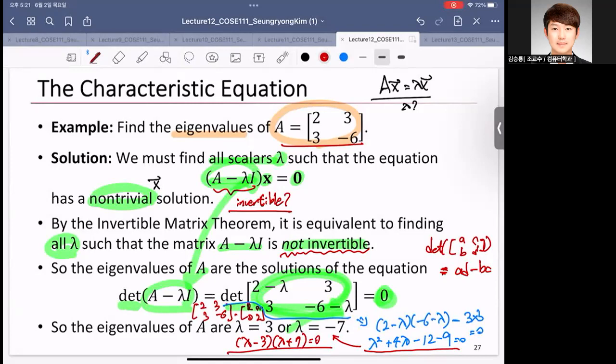You just factorize it, as you learned in middle school. So the eigenvalues of matrix A: lambda is equal to 3, lambda is equal to negative 7. Right? You factorize and solve this, and the lambda values that satisfy it are the answers. Then the eigenvalues of this matrix A are lambda equal to 3 and lambda equal to negative 7. This is just the eigenvalues.